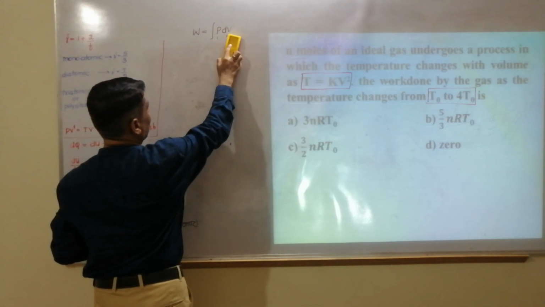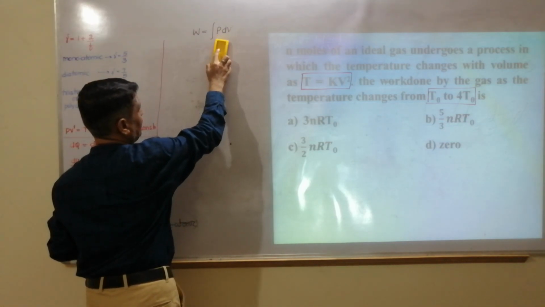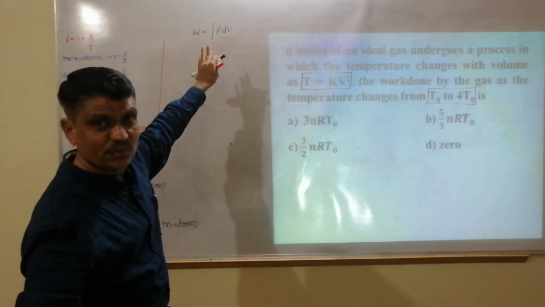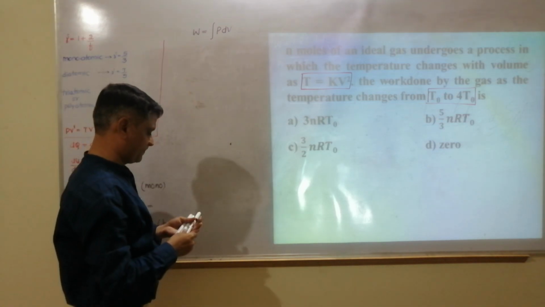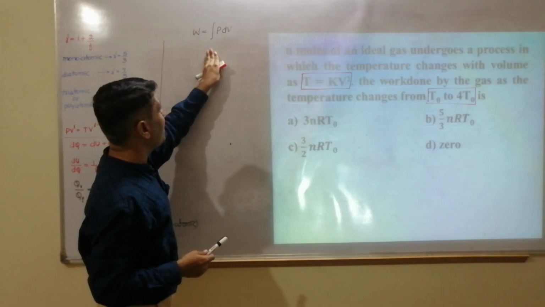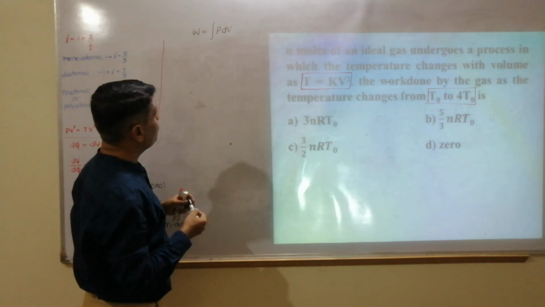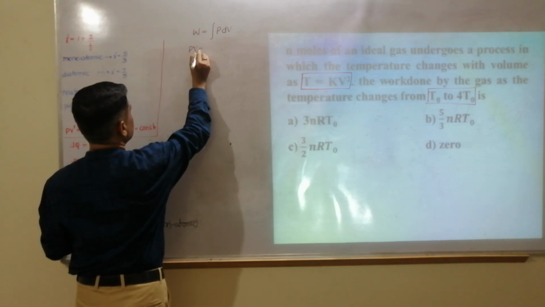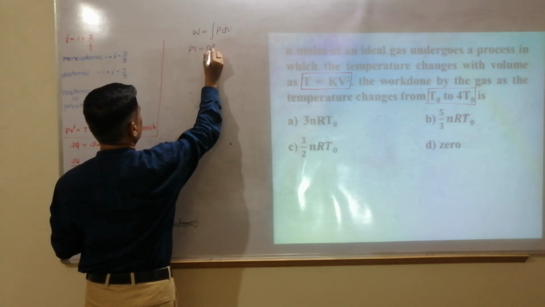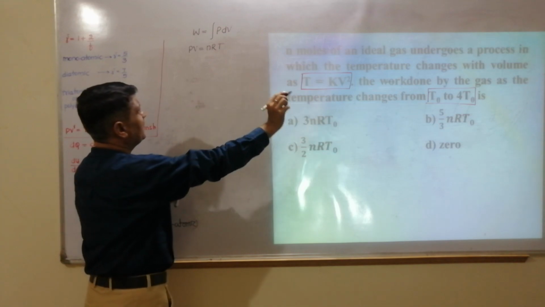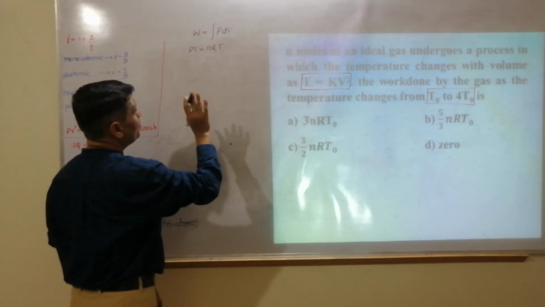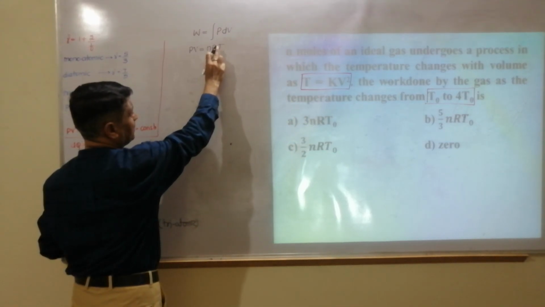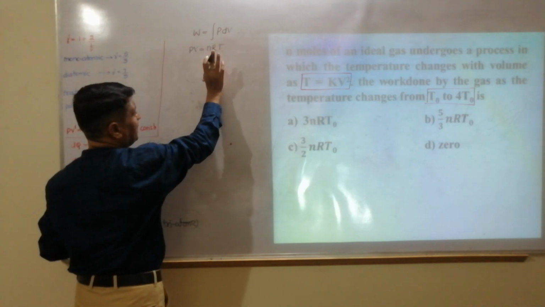To find out the work done, this is our one and only formula. And to remove any one, I said use the formula PV equal to nRT. So today, instead of P I want T.